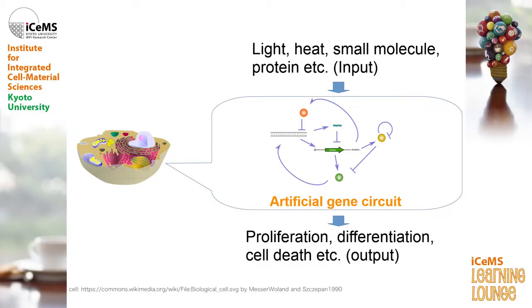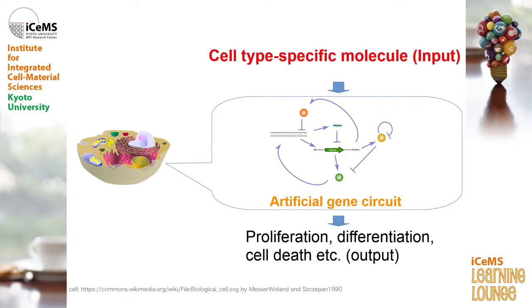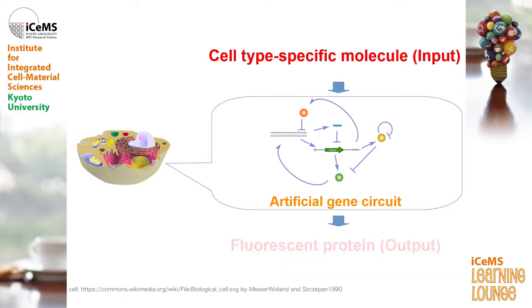So if we install an artificial gene switch and construct an artificial gene circuit instead of the endogenous gene circuit, we can change the input and the output cell behavior. That is, if the installed artificial switch can detect cell type specific molecules and produce fluorescent proteins, we can distinguish each cell by the change of the fluorescent signals.